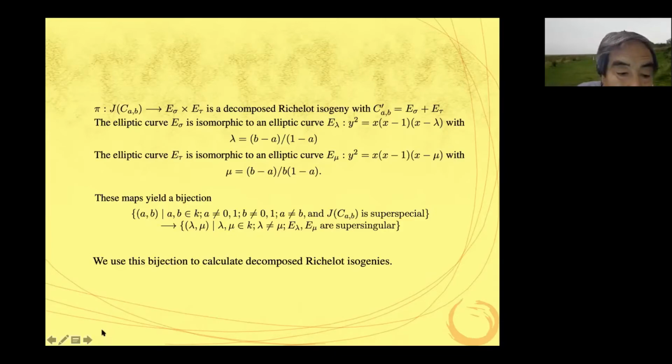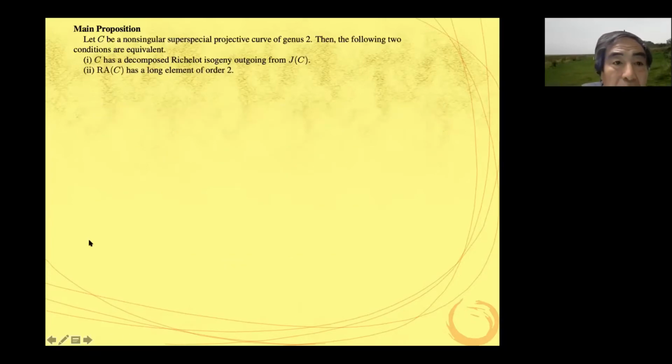And the problem is when the Richelot isogeny becomes a decomposed one. And our key proposition is like this. C is a non-singular superspecial curve of genus 2, then the following two conditions are equivalent.